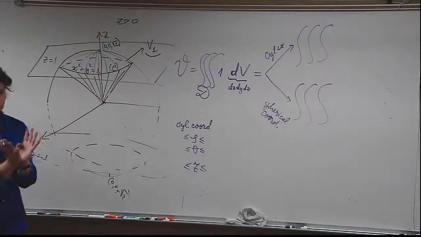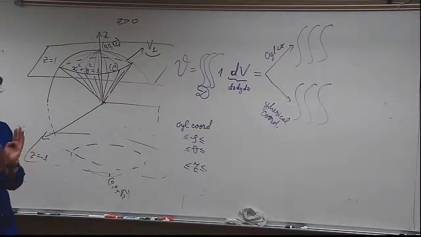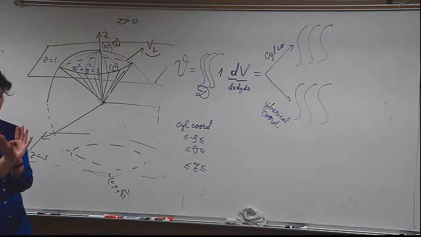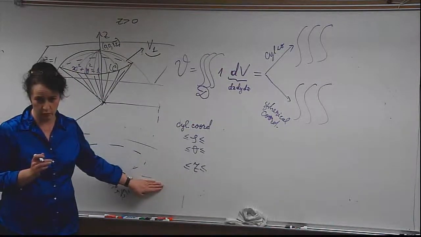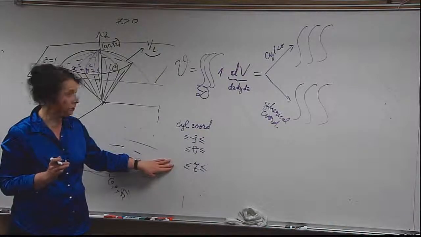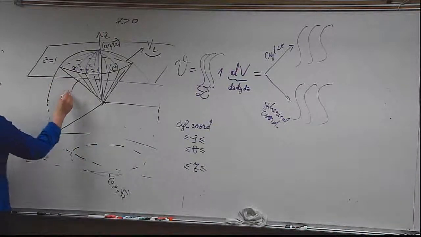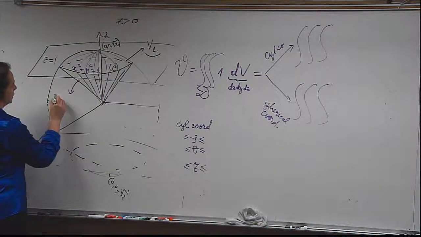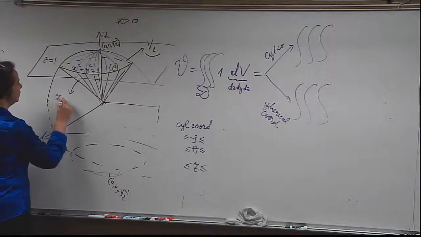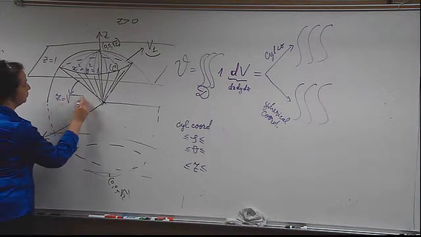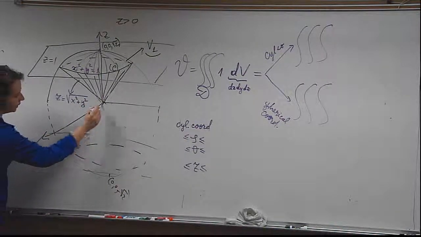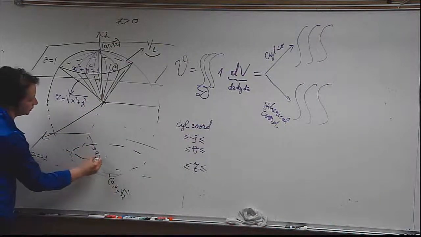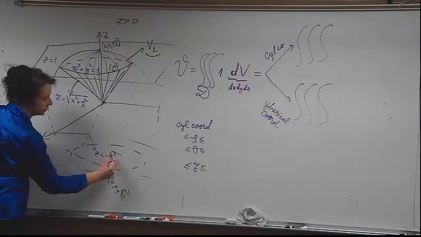Because the ice cream lies between the cone, you think waffle cone, what's the equation of the waffle cone? And how do you get to the equation of the waffle cone? Oh guys, help me, z equals, now you take the square root of x squared plus y squared, because the other one would have been the imaginary one, z equals minus square root of x squared plus y squared.